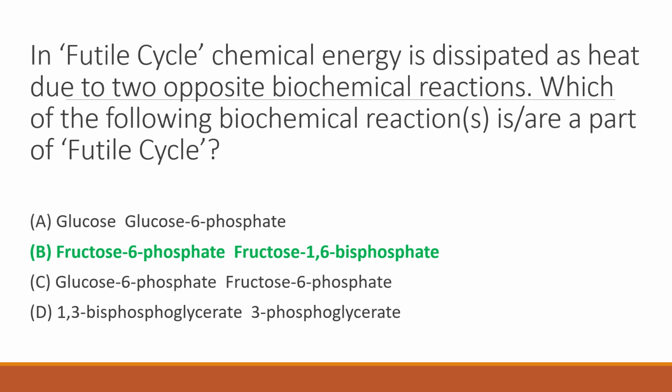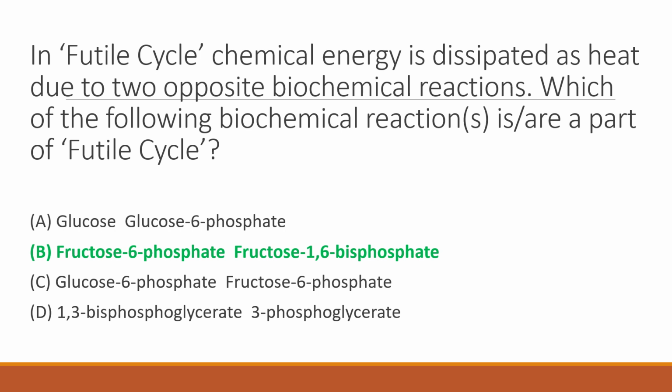In futile cycle, chemical energy is dissipated as heat due to 2 opposite biochemical reactions. Which of the following biochemical reactions is a part of futile cycle? Here the correct answer is fructose 6-phosphate, fructose 1,6-bisphosphate. What is the meaning of futile cycle? Sorry, I may pronounce it differently, but I hope you will understand.